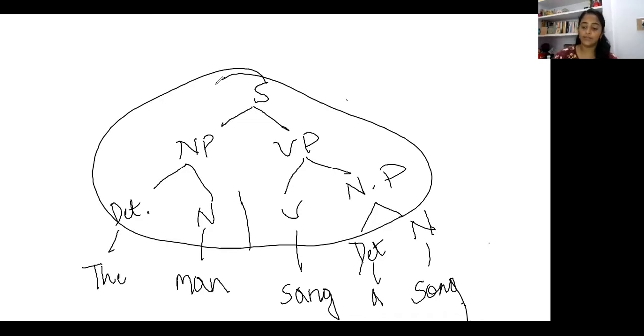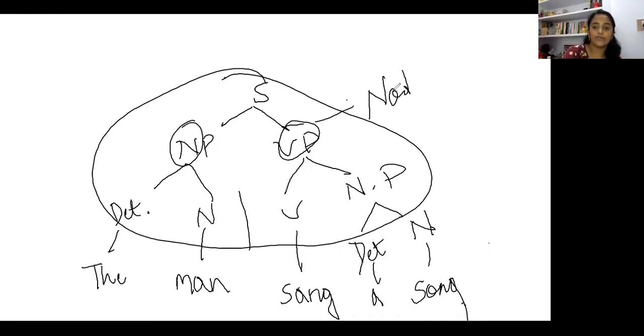Another thing to learn here is that all of these points here are called nodes, the points from which you bring out a branch. So this is how you can represent PS rules or PS grammar. This is what PS grammar is.